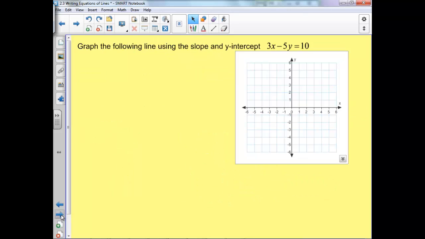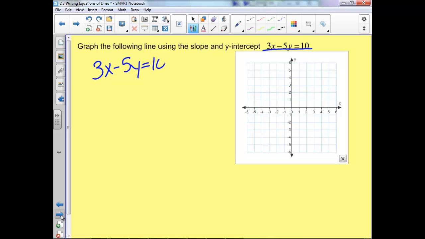So now we're going to actually use this to graph a line. Starting with our equation, we have to first get this into slope-intercept form. So once again, that means we have to get our y by itself. So let's subtract over our 3x. And I'm going to write this 3x first, because if you remember, we need it to be y equals mx plus b.